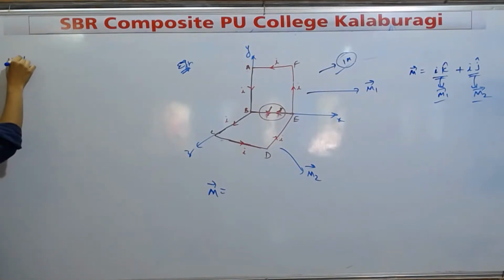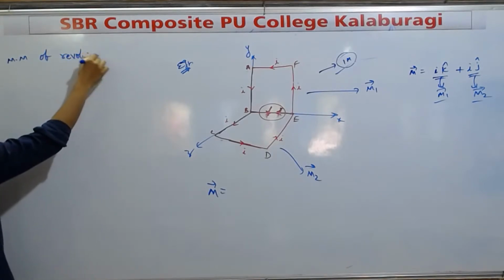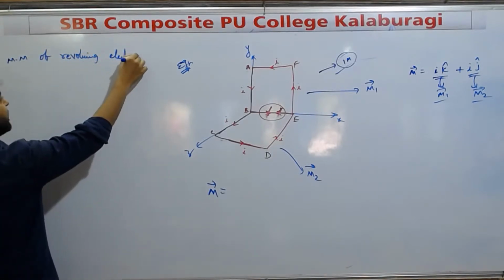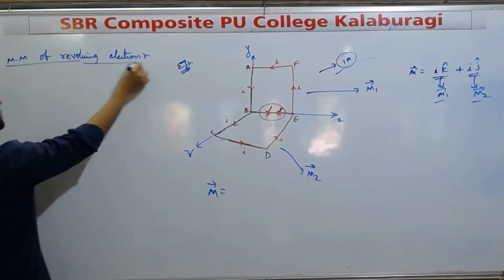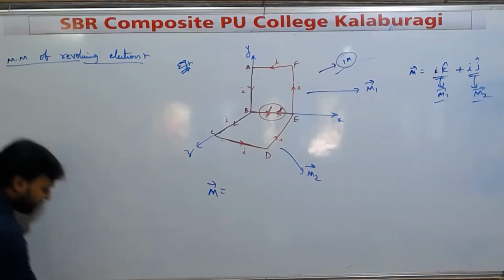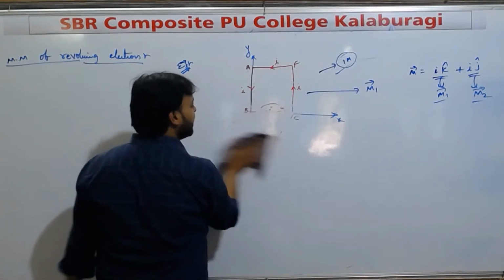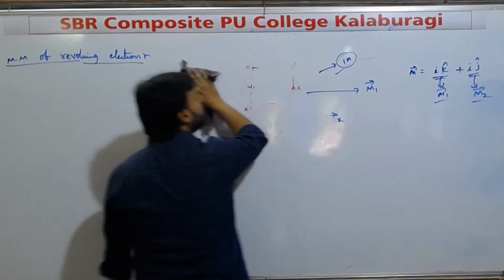Magnetic moment of a revolving electron. Very important for competitive exams. If the paper is a little difficult, chances will be there from that part.